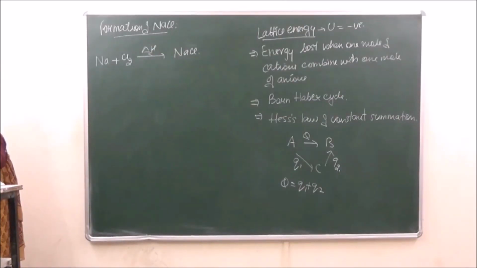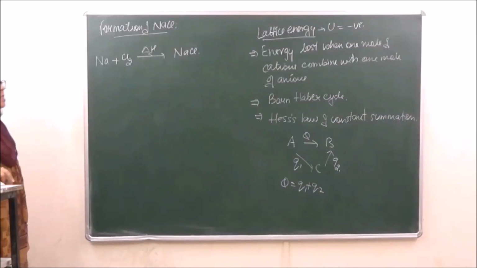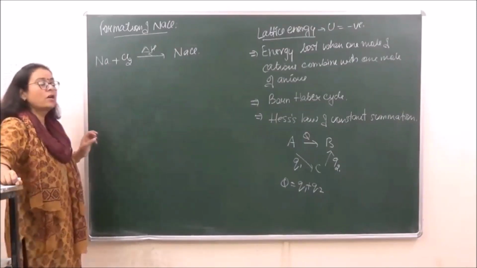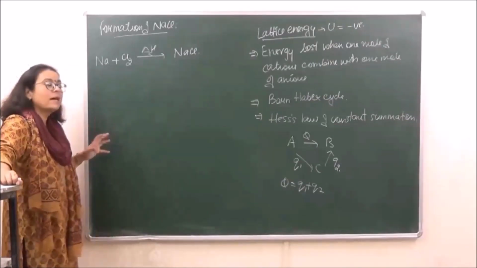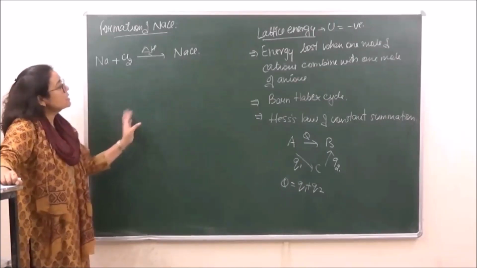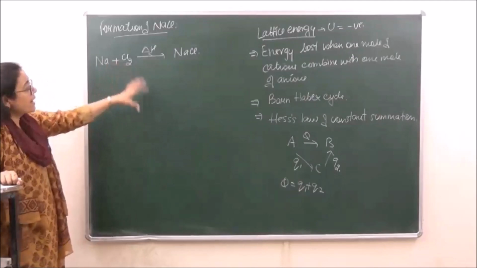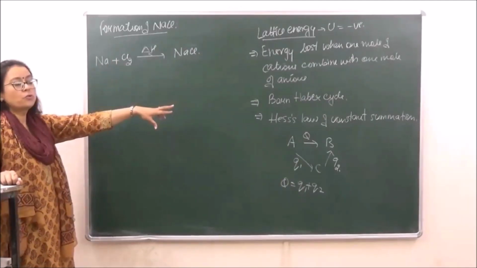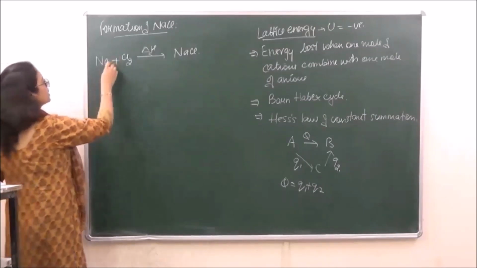Delta H is the heat change for the reaction. Now this reaction does not take place in this step because the solid state cannot combine with other states directly to form the compound. Okay, so this goes through many steps together, and all those steps are going to contribute towards the Born-Haber cycle. Okay, so let's see what the steps are.